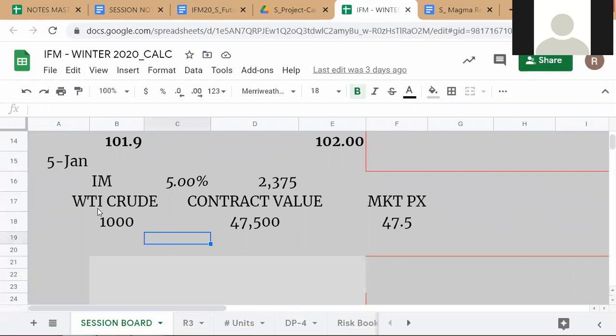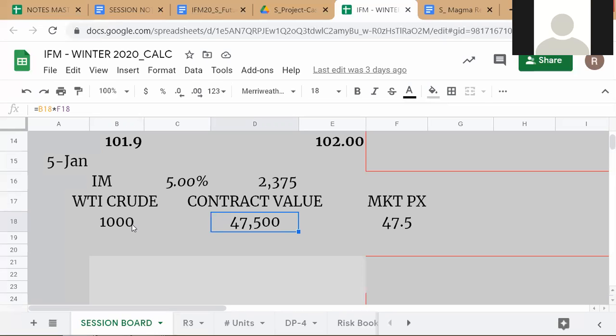So when you buy a crude oil futures contract, the value of the contract is 47,500, because you're buying 1,000 barrels, and this is one contract. But you're not paying this amount of money, and you're not taking delivery of the crude initially when you do the contract.